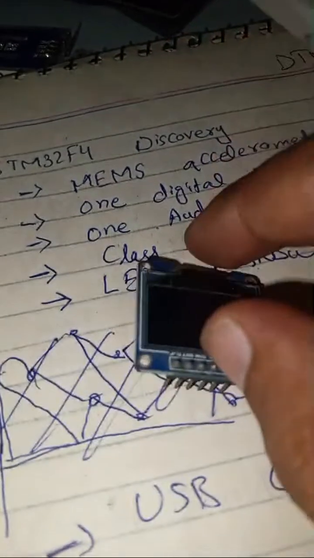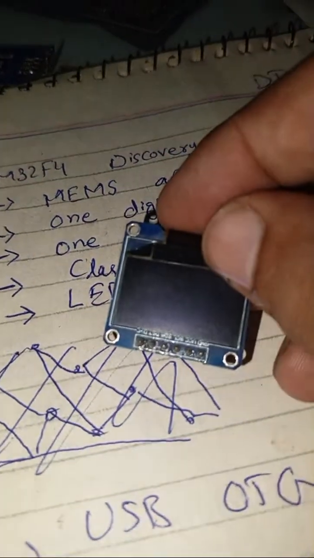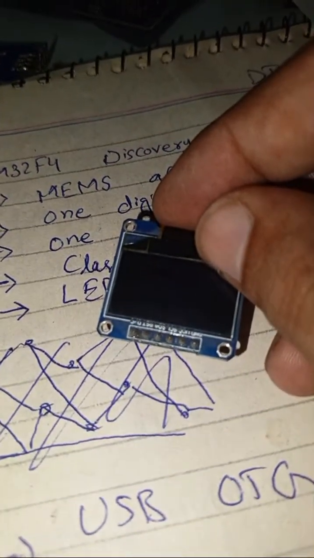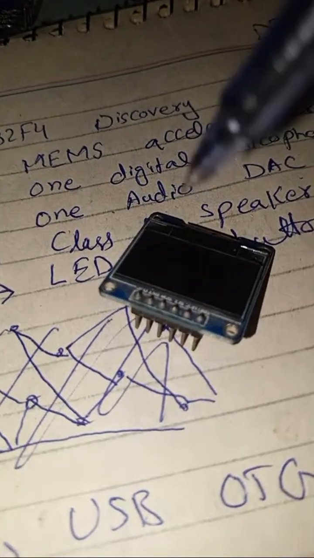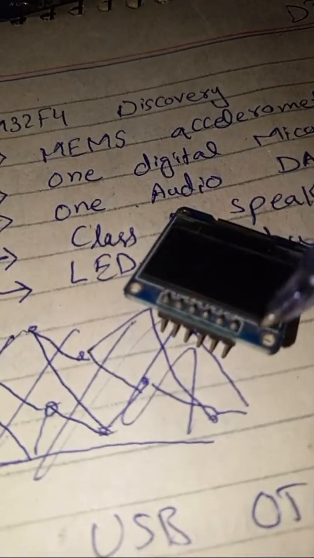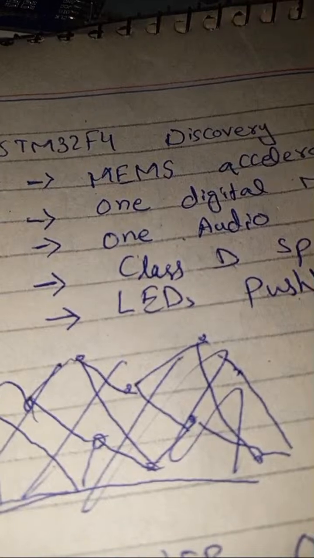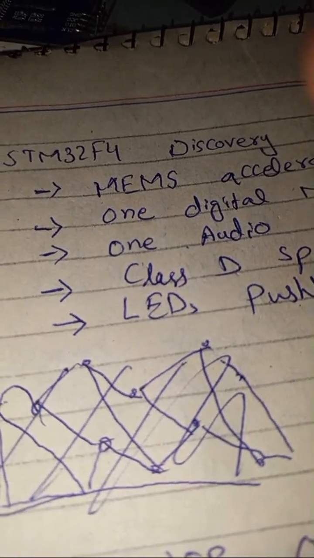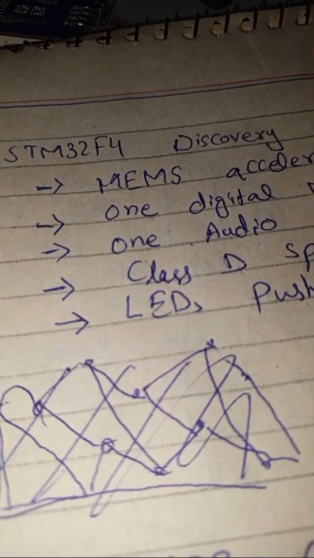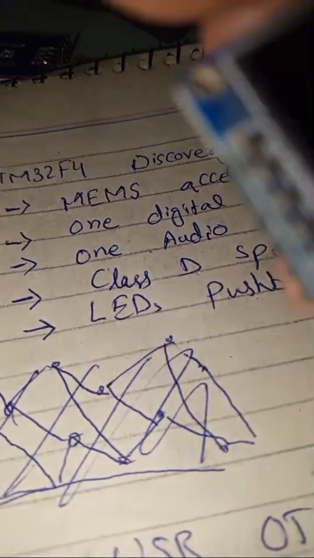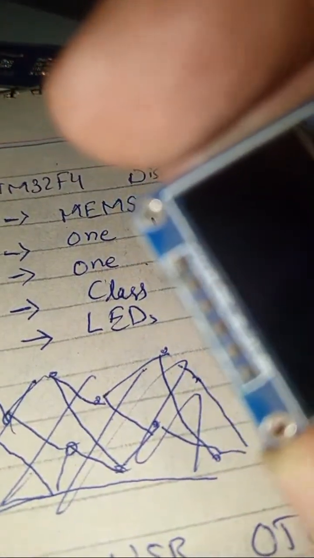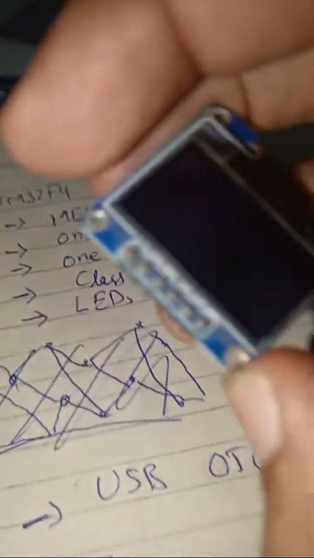These are the pins. I'm not sure if they are visible. These are the VCC, ground, SCL, SDA. The first pin is ground, and the second is VCC.